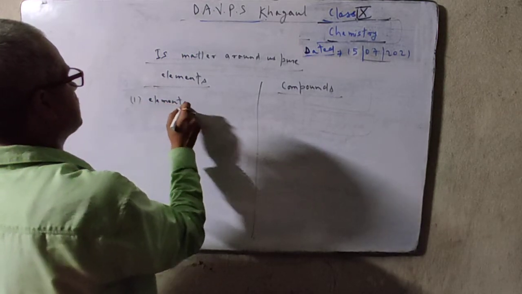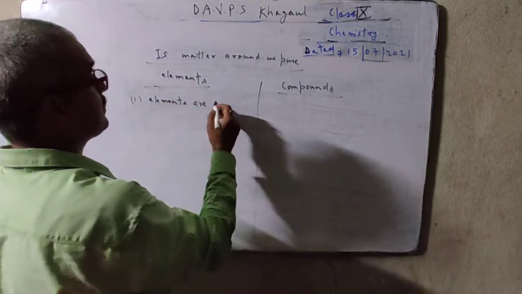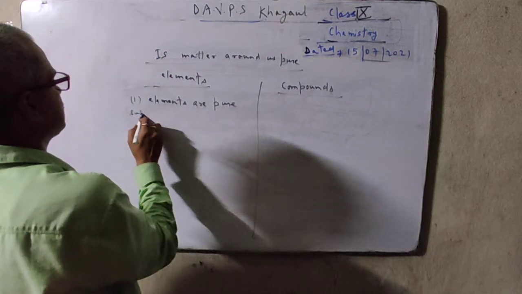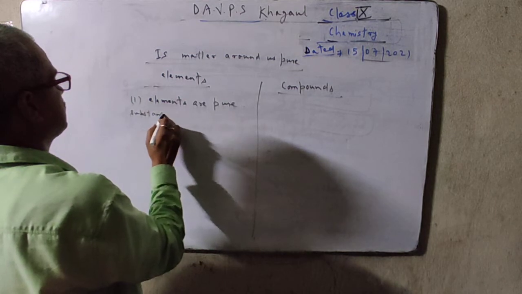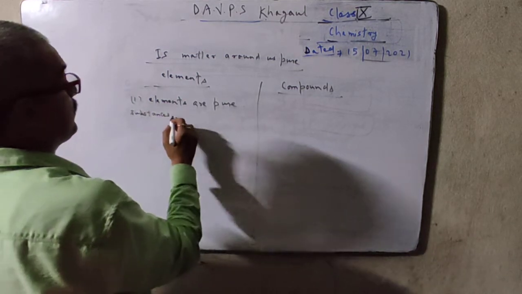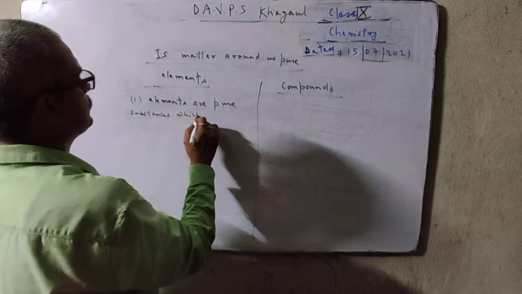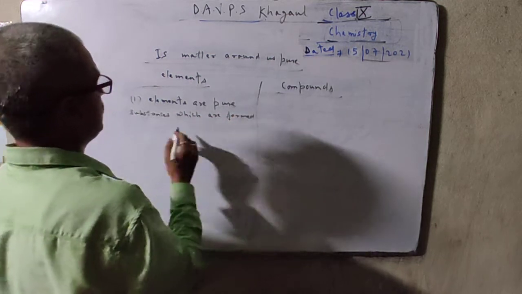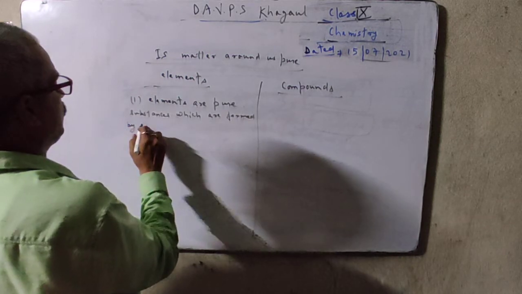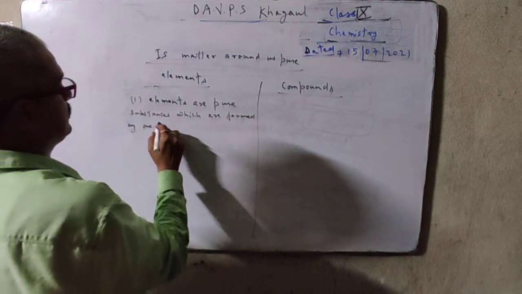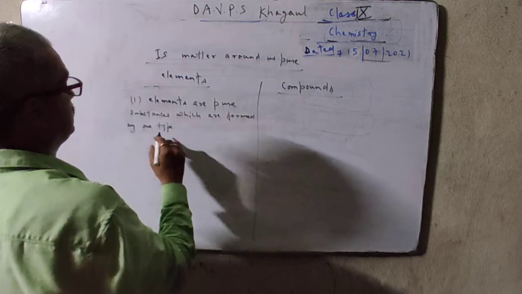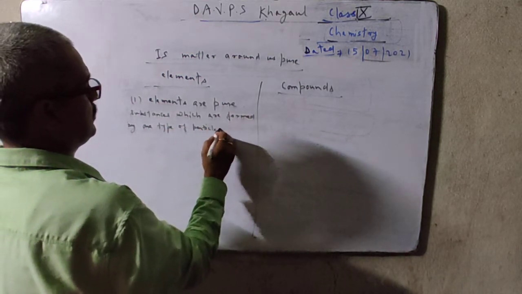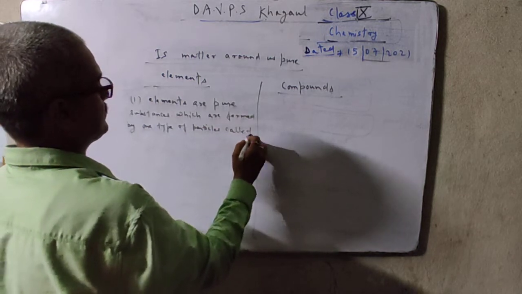So elements are pure substances which are formed by one type of particle called atoms.